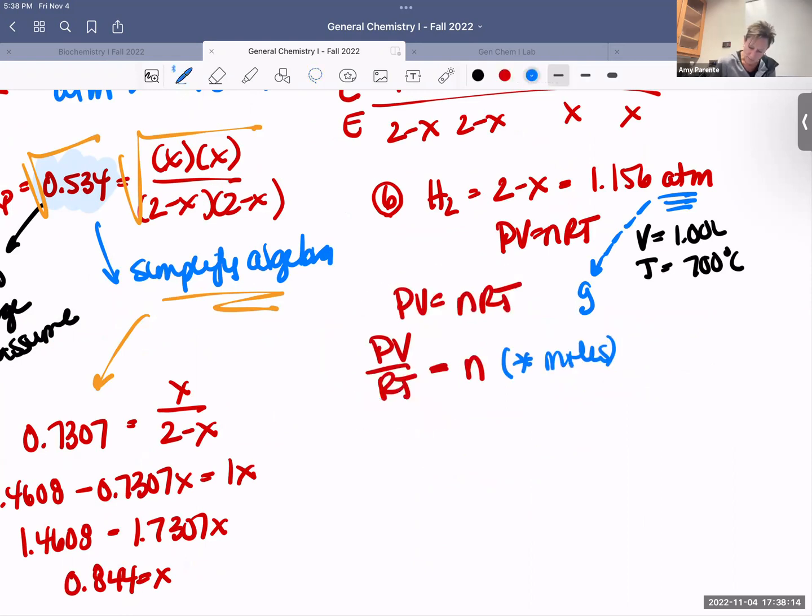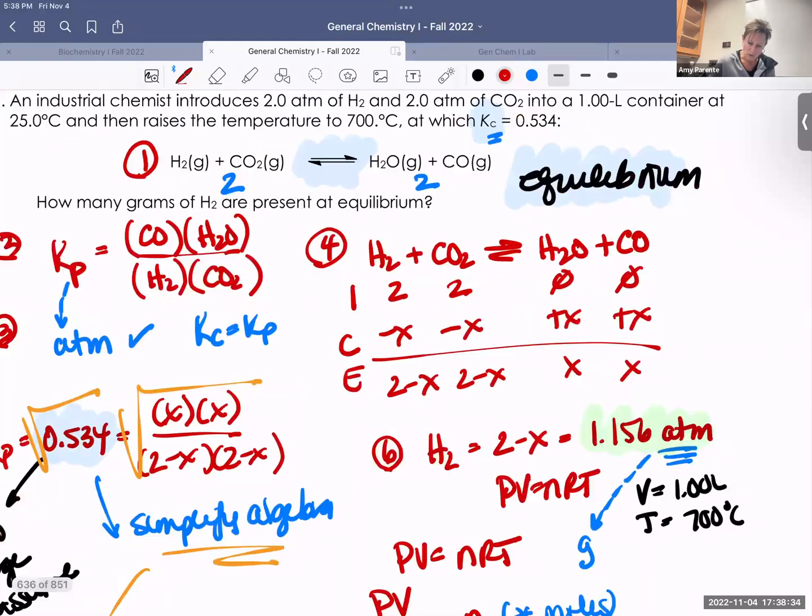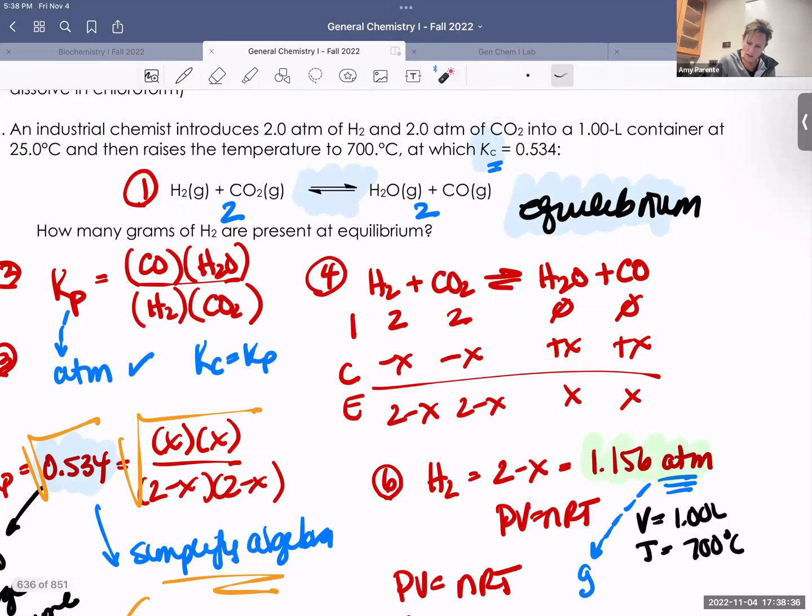So my pressure is 1.156 atmosphere. That's what we just solved. So 1.156 atmosphere. So highlighting where we got that from, this piece came from here. 1.156 atmosphere. We know we're in a 1 liter container. Just highlighting it. It told us this up here, right? We're in a 1 liter container.